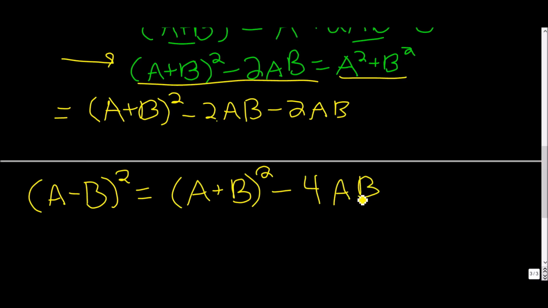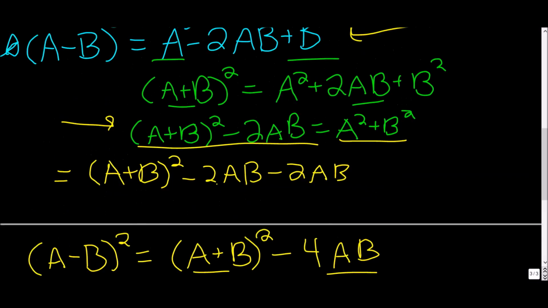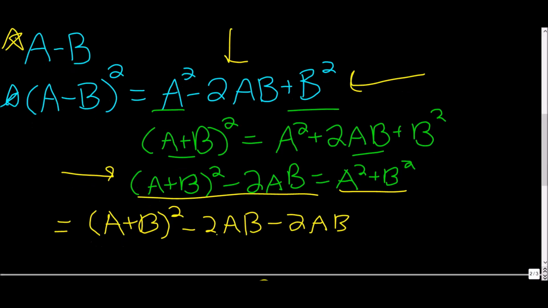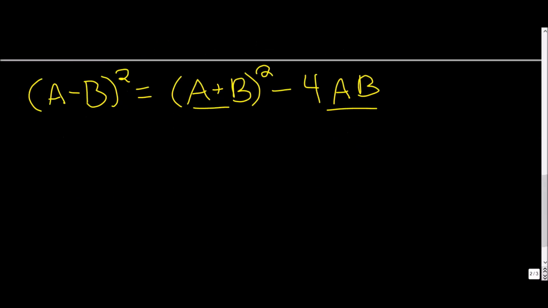I can plug those in. It won't be a big problem. But remember, I'm looking for alpha minus beta, right? So ultimately what I have to do in order to get down there, I'm going to have to take the square root. So I know that alpha minus beta is just going to equal the square root of this thing that I saw before.